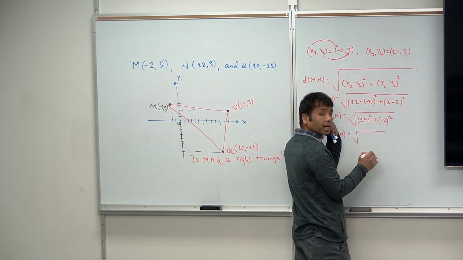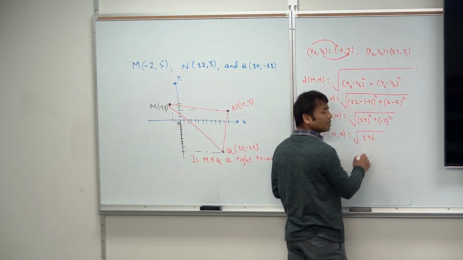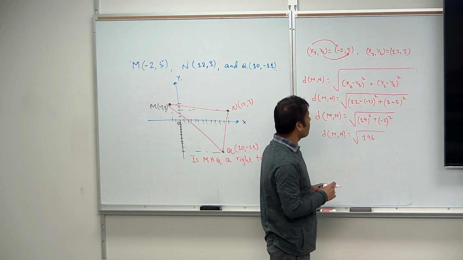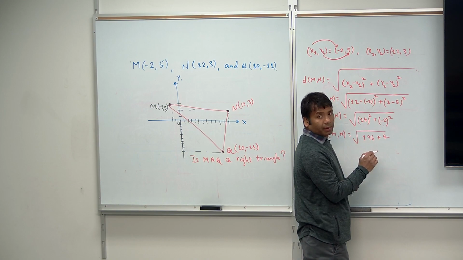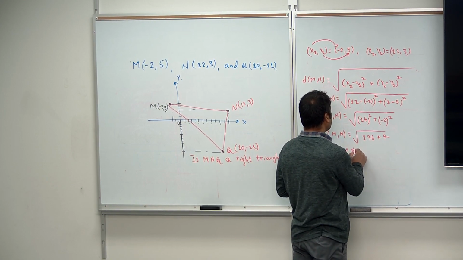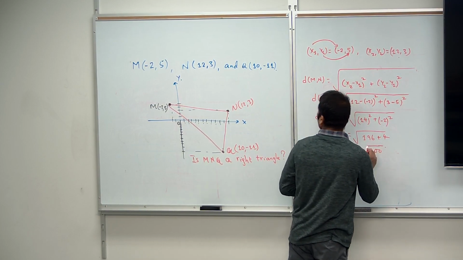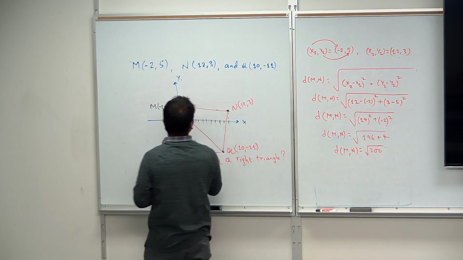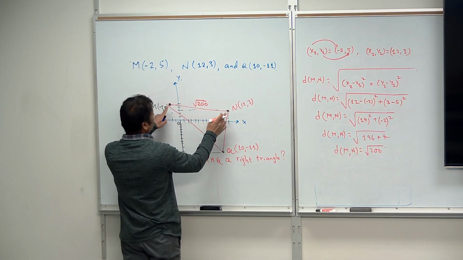What is 14 squared? 196, is that right? Plus 4. So the distance between M and N is the radical of 200. So this distance is radical 200.